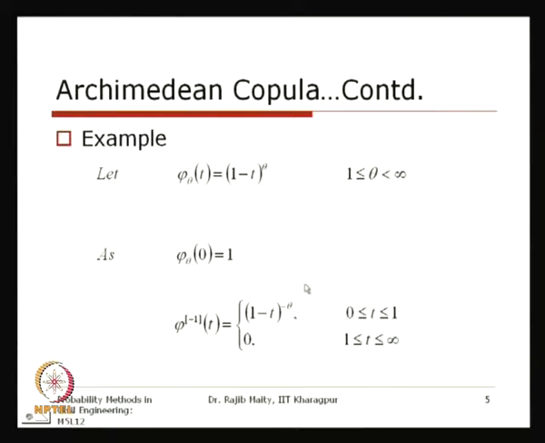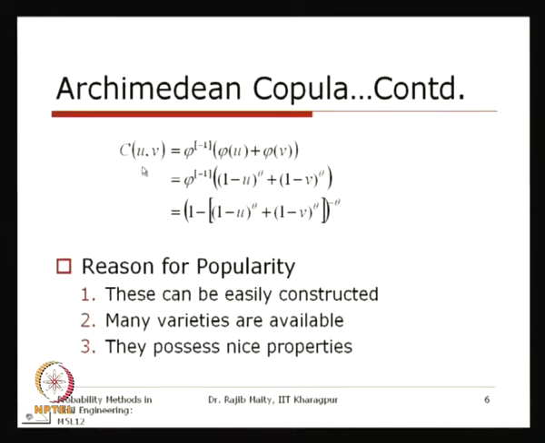This is the complete definition of the pseudo inverse of the function phi t in this functional form. If this function changes, obviously our pseudo inverse will also change. Now, to get the copula through this generator, C u v equals the pseudo inverse of the function applied to phi u plus phi v.